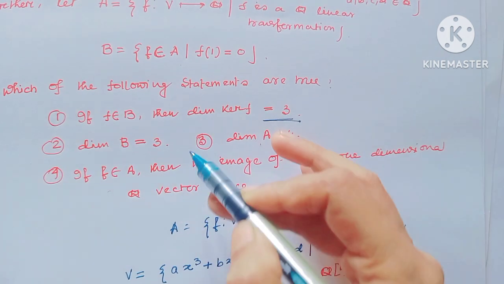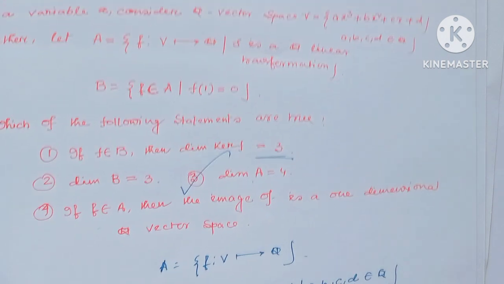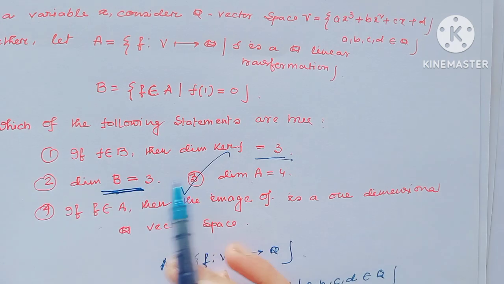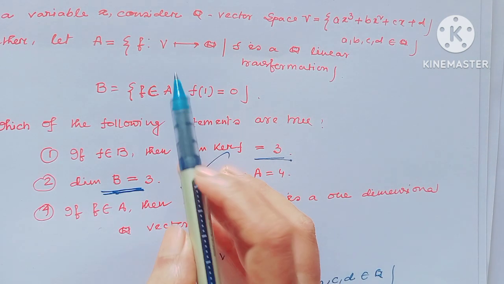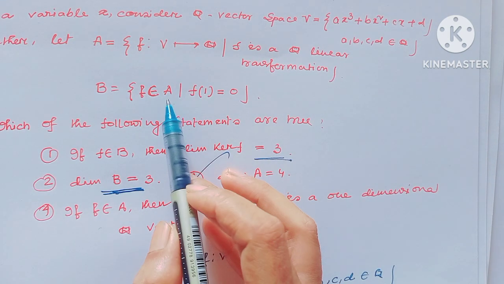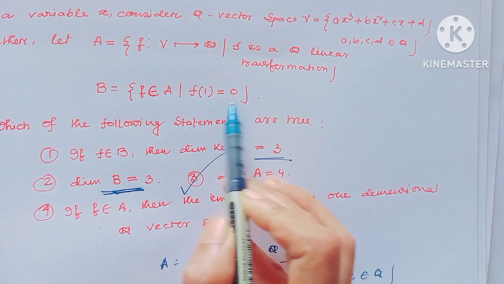So the dimension of A is 4. And notice the dimension of B. B consists of the linear transformations f belonging to A such that f of 1 equals 0.